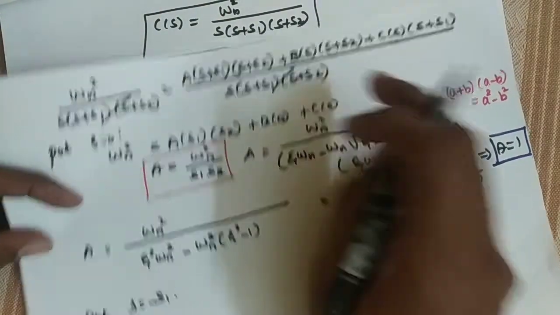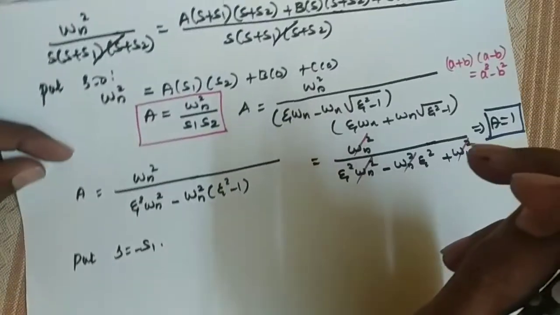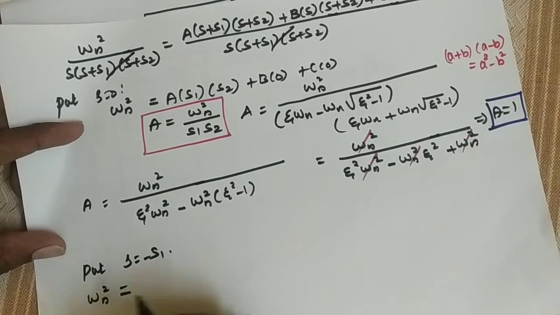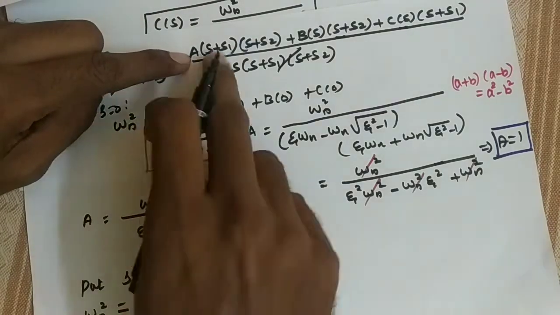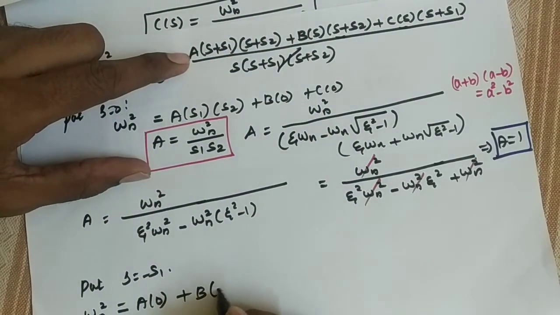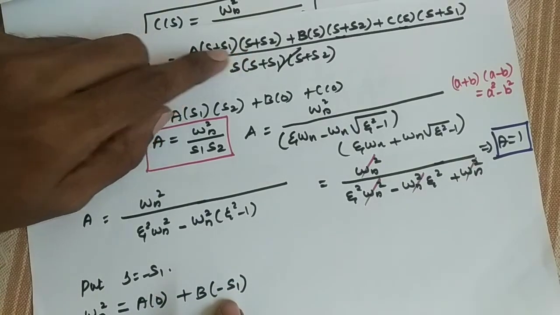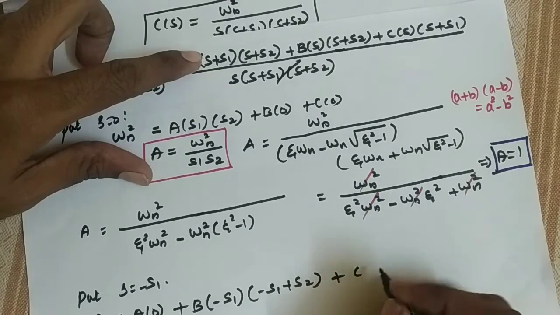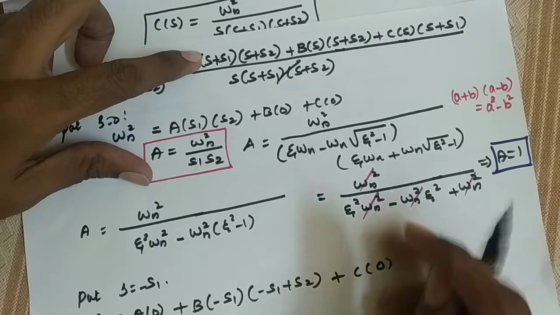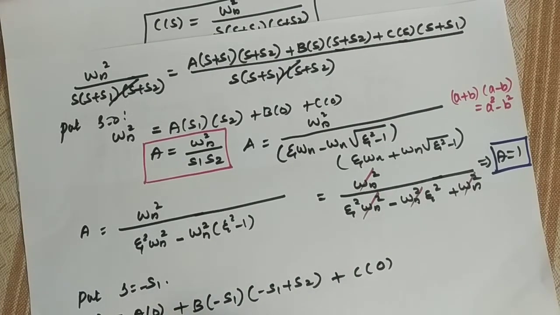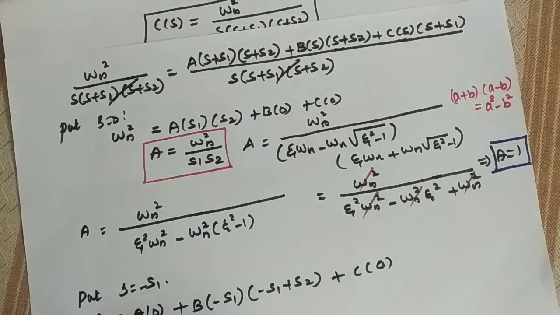Substituting s as minus s1, omega n square is equal to A into 0, since minus s1 plus s1 cancels out, and B into minus s1 into minus s1 plus s2, plus C into 0, since the s1 term is available there too. So the value of B is equal to omega n square divided by minus s1 into minus s1 plus s2. Keep the sign.